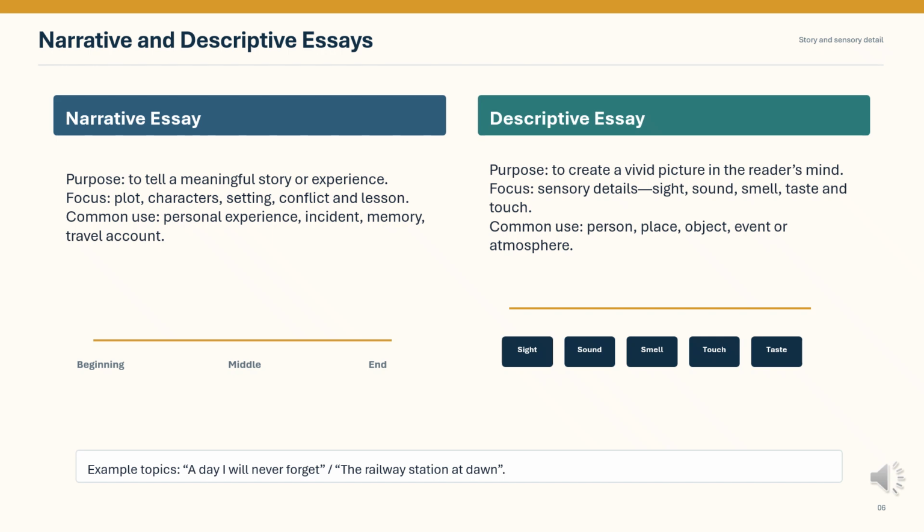So the main difference is this, that a narrative essay moves through time while a descriptive essay pauses and goes into more details. It shows more details. So if you are telling what happened first, next, and finally, it is narrative. But if you're creating a picture through details that you are giving, it is descriptive.